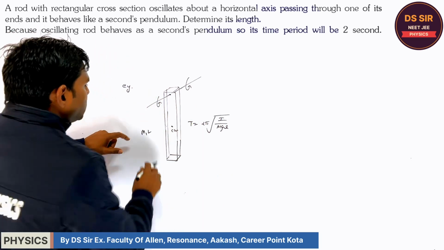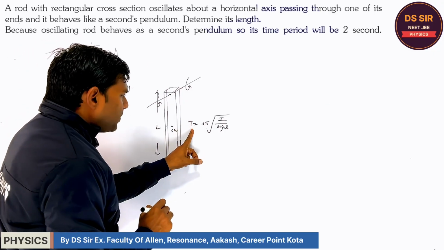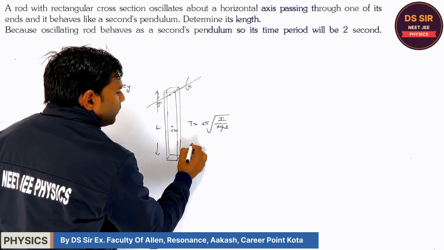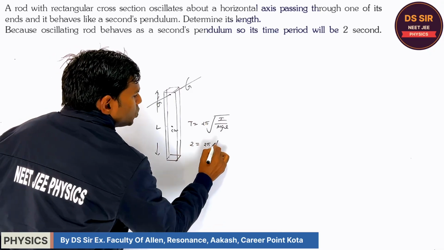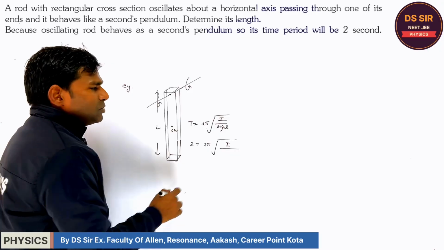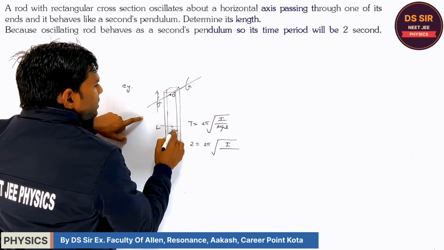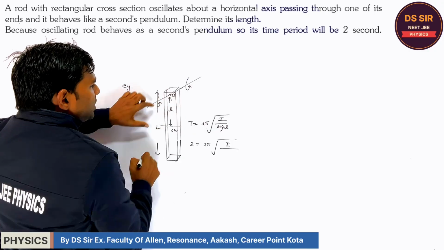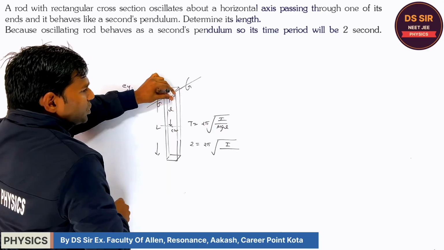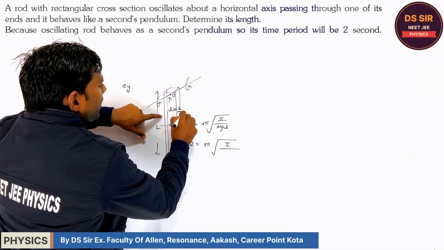Suppose the length of this rod is assumed to be L. It behaves as a second pendulum, so the time will be 2 seconds. Now you have to write down the value of I and mgl. This is the point of suspension and this is the center of mass. l is this distance between the axis of rotation and the center of mass, so this is equal to capital L by 2.